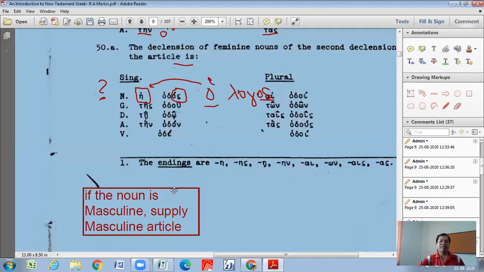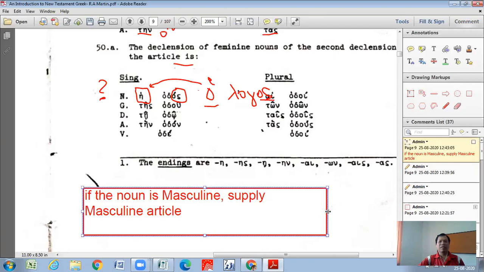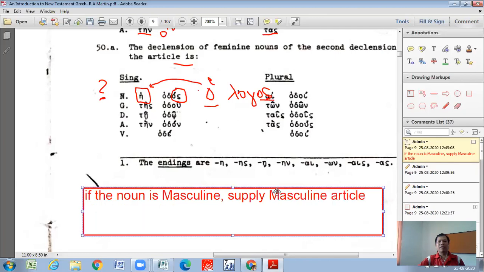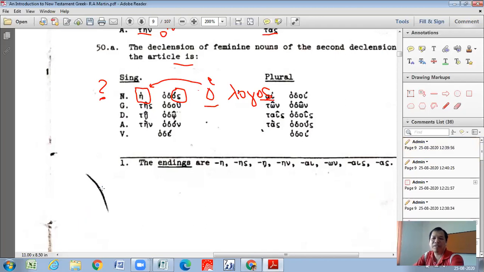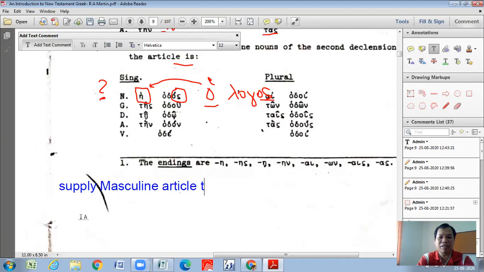Does it make sense? I think last time I told you this, it didn't come across very simply. Let me put it this way: masculine article to masculine noun.